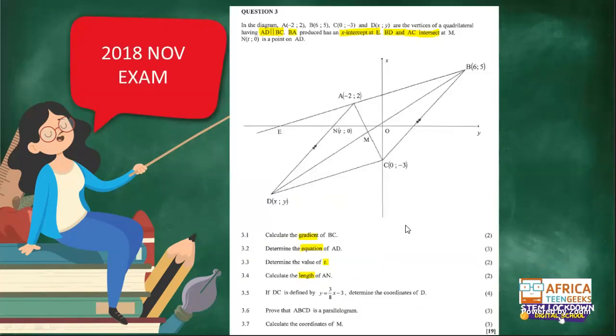Okay. So we're still continuing with our 2018 November exam. By the end of our session today, we will be done with that. We agreed that the most important thing is to read our question or our given statement carefully because most of the answers are within our problem statement, okay? When we were reading the question yesterday, we saw that we were given a diagram.